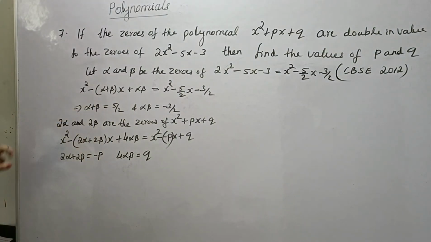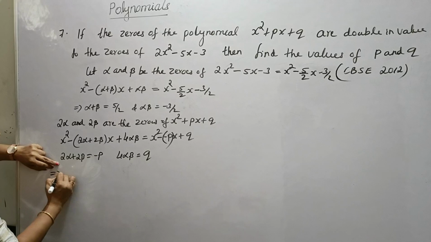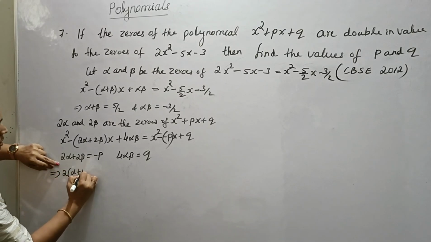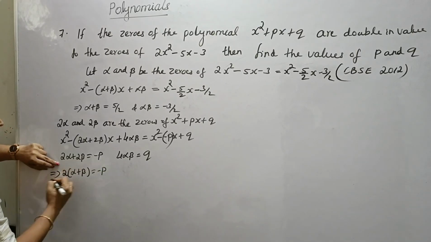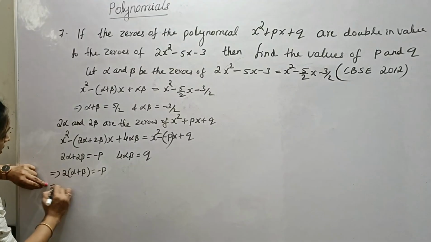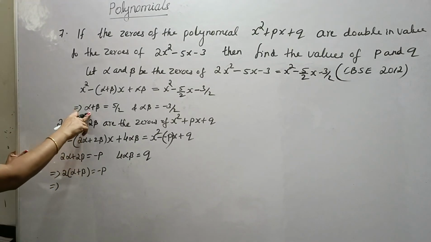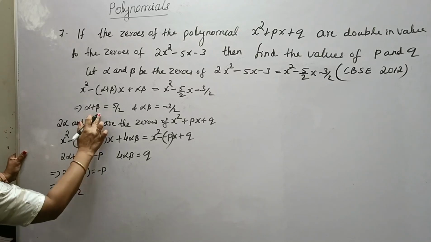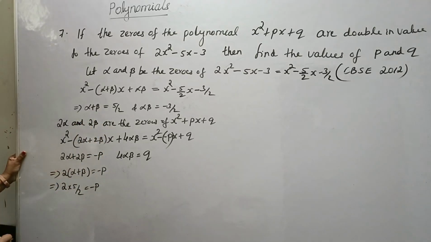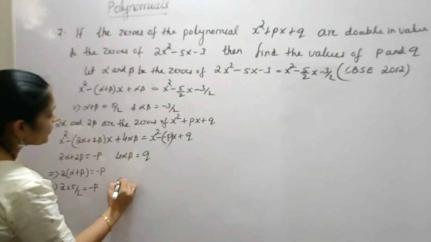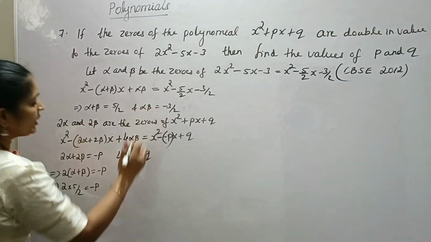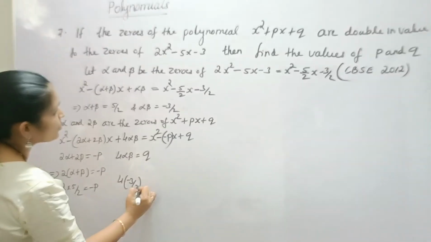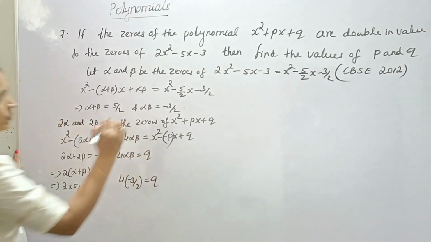This can be written as 2 into alpha plus beta is equal to minus p. Substituting the alpha plus beta value, 2 into 5 by 2 is equal to minus p. And 4 into alpha into beta, which is minus 3 by 2, is equal to q.